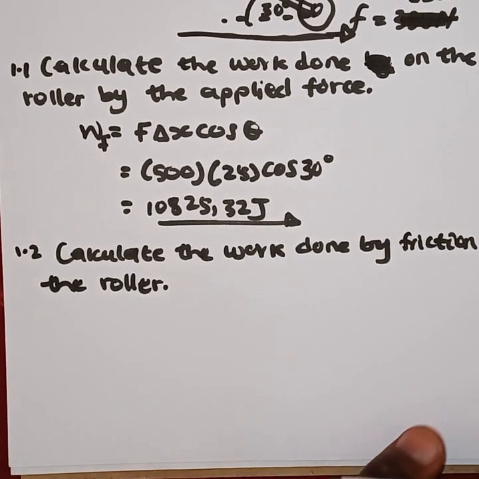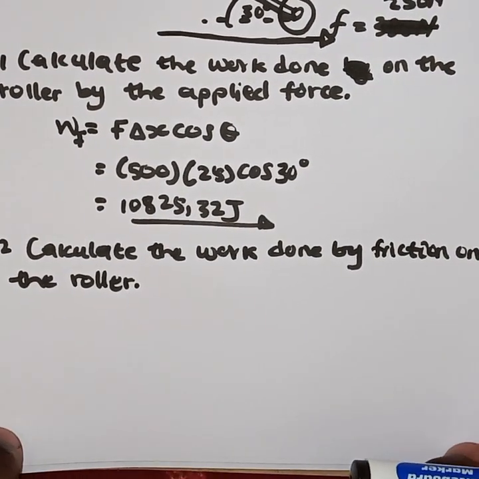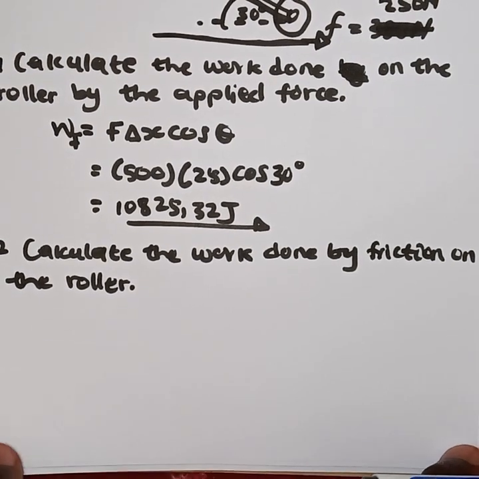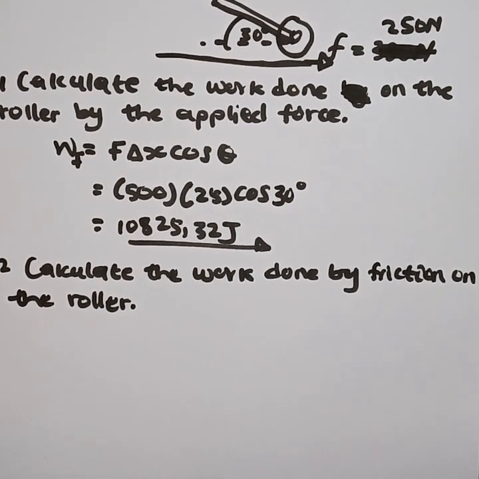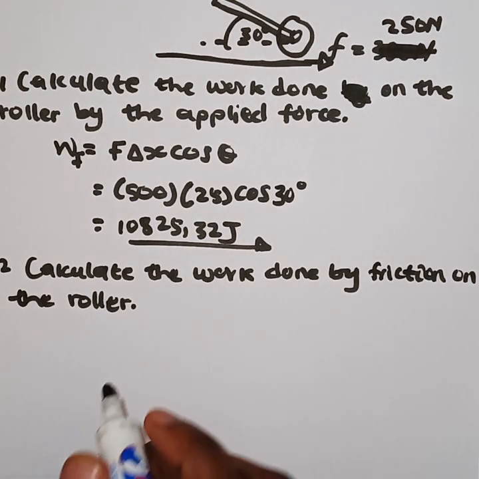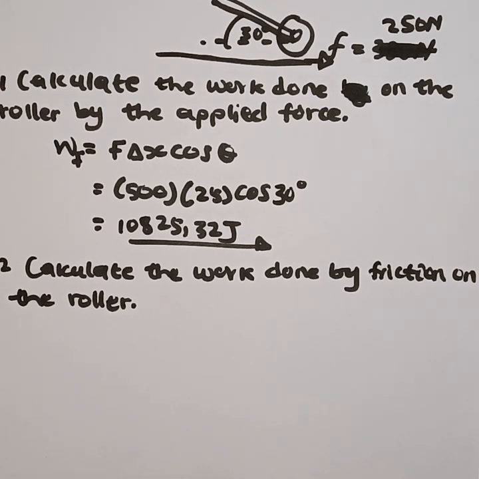So now we are asked to calculate the work done by friction on the ruler. We were told that friction is present in our scenario, so we should have expected that question, and it's here now. We already know our angle, which is 180, because friction acts opposite to the motion of the ruler.